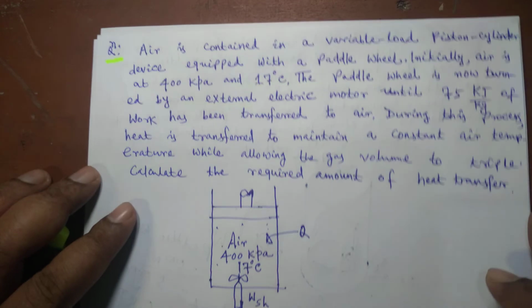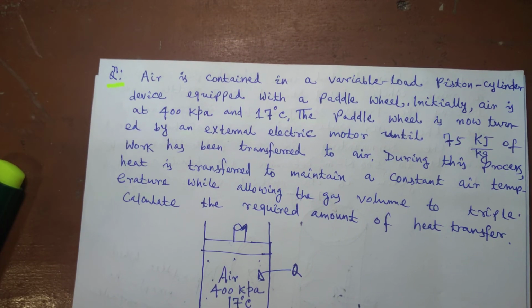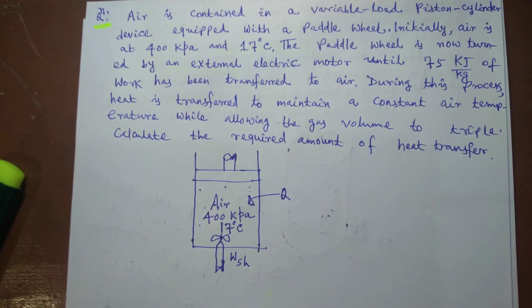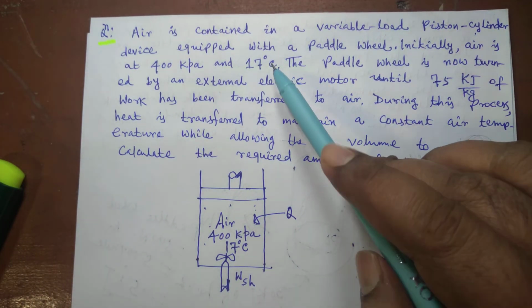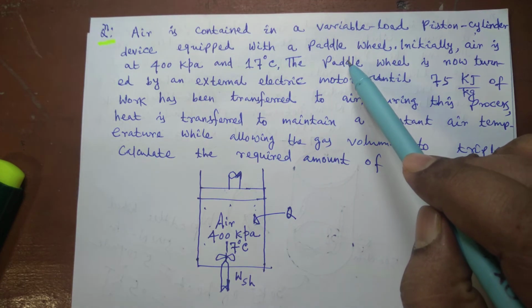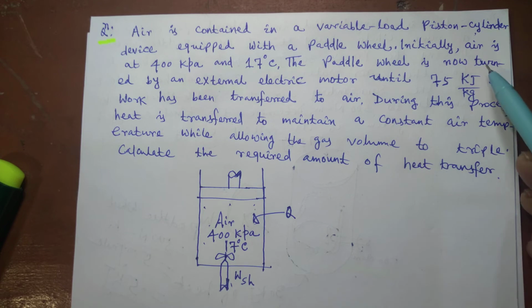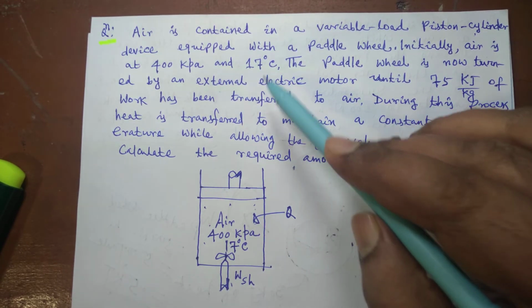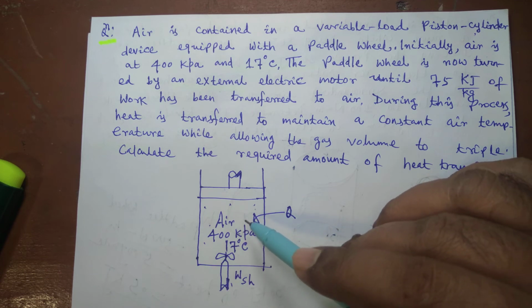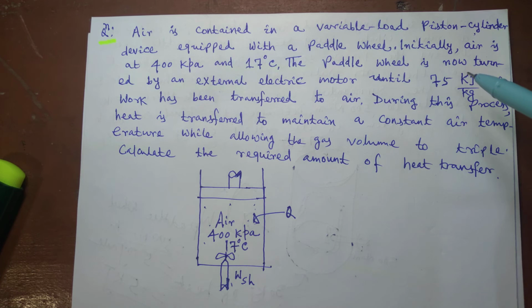So the next question is like this: air is contained in a variable load piston cylinder device equipped with a paddle wheel. Again here there is a paddle wheel also. Initially air is at 400 kilopascal and 17 degrees Celsius. Air inside the cylinder is initially at 400 kilopascal and 17 degrees Celsius.